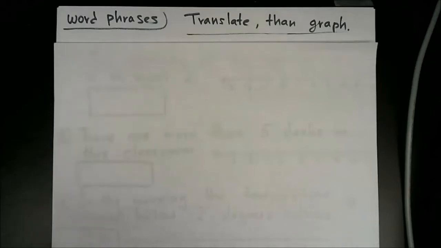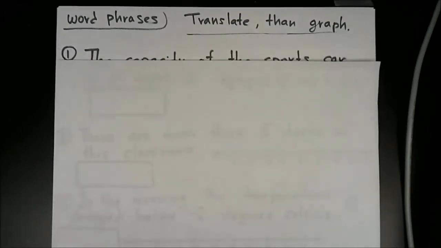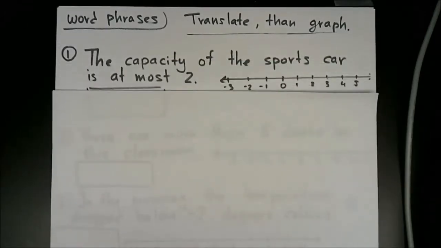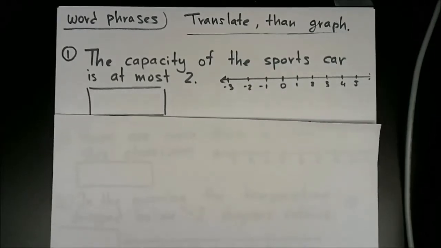So your job here is to translate the word phrase and then graph it. So let's take a look at what this looks like before I do anything else. So here I have a word phrase, a conveniently placed number line for us to use, and a box that I'll explain what that's for in just a little bit.